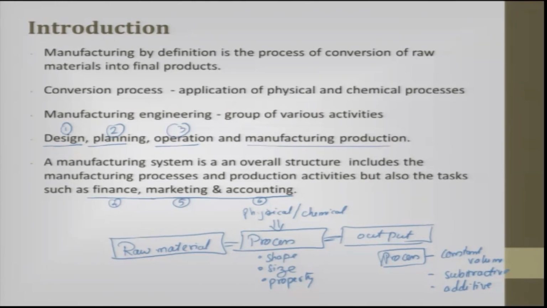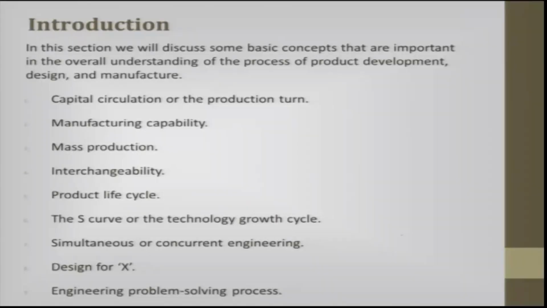And when I do this in a highly efficient manner, that is called productivity. So, we will see in this section some basic concepts that are important in the overall understanding of the process of development, design and manufacturing.